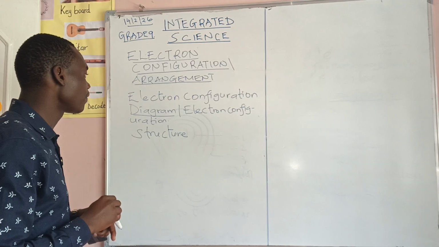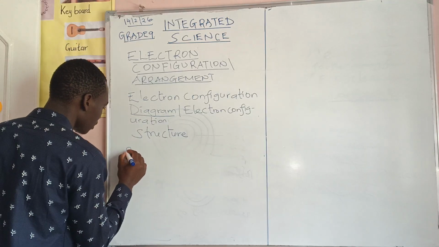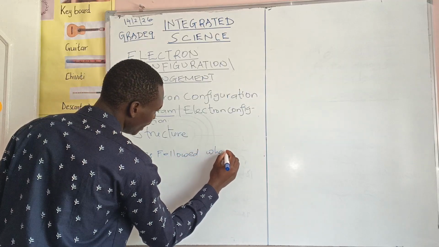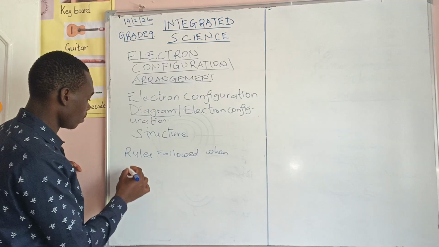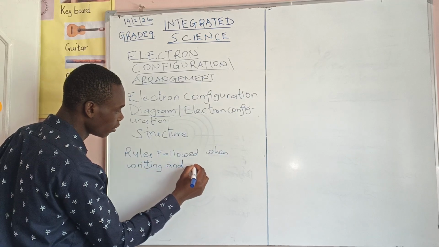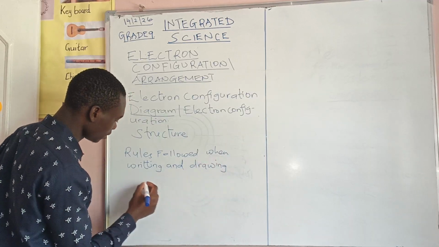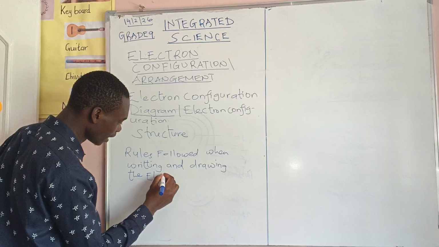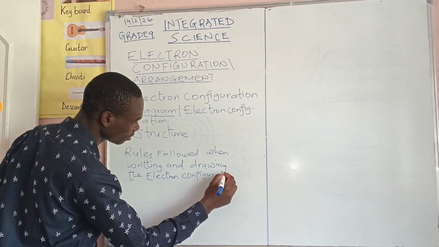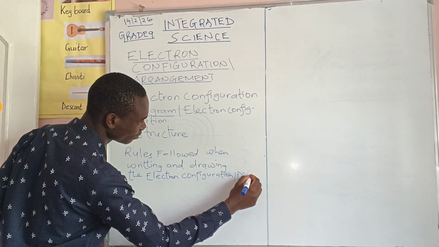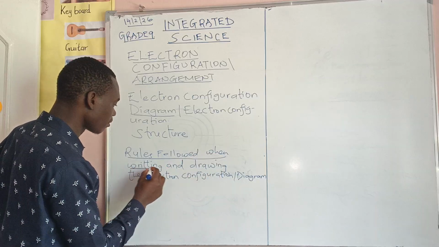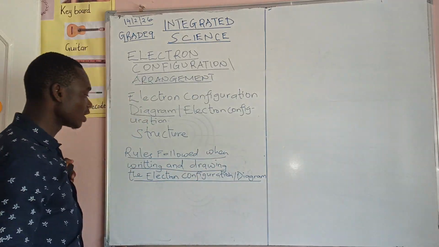And before that, there are rules followed when writing and drawing the electron configuration, or we can talk about diagram.